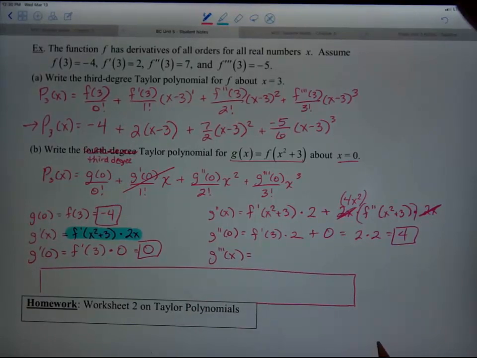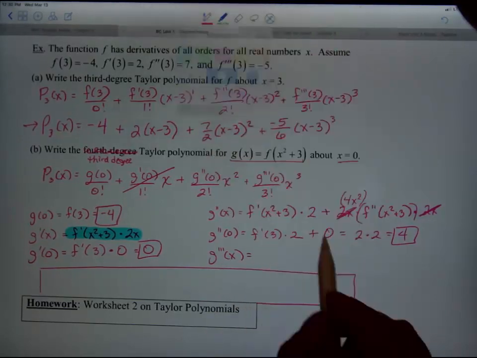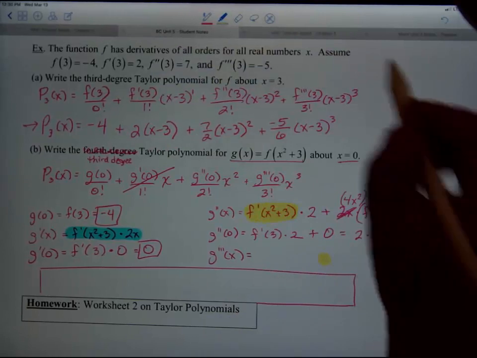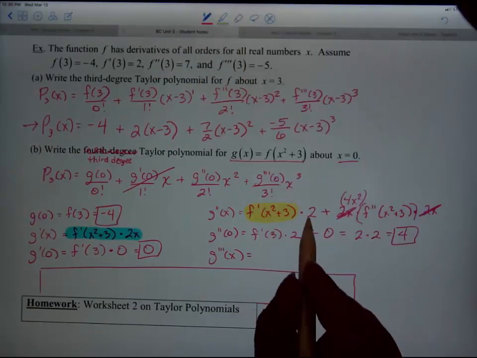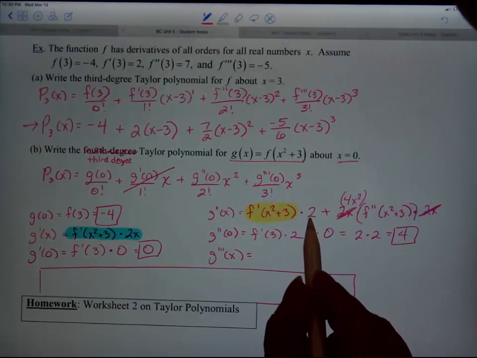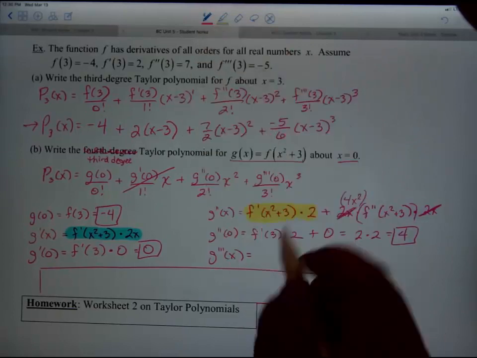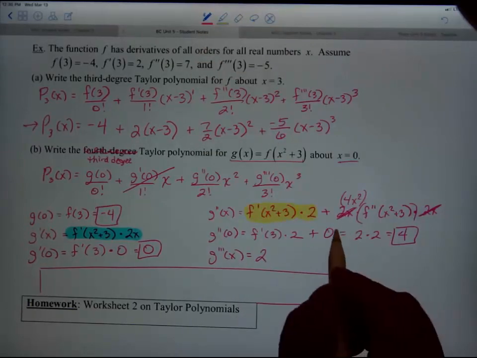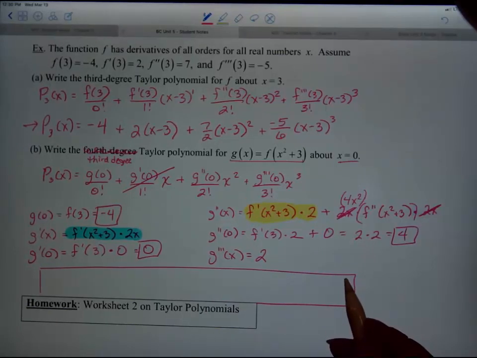So let's change colors. Look at this. Do I have to do 1d2 with this again? No, I really don't, because 2 is a constant. Constants just sit there. So the 2 goes in the front. What's the derivative of f prime of the parentheses?